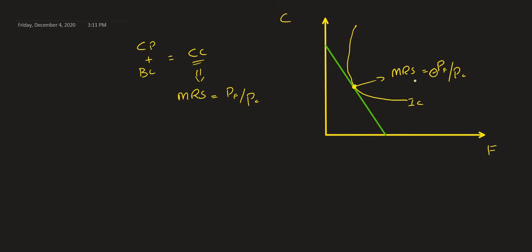This minus sign shows the negative inverse relationship between clothing and food, because if you want to increase the units of food, you have to sacrifice this many units of clothes. This is the marginal rate of substitution, the rate at which you are substituting clothes with food. And this is showing you the budget constraint, and all of this discussion was previously done in a presentation.